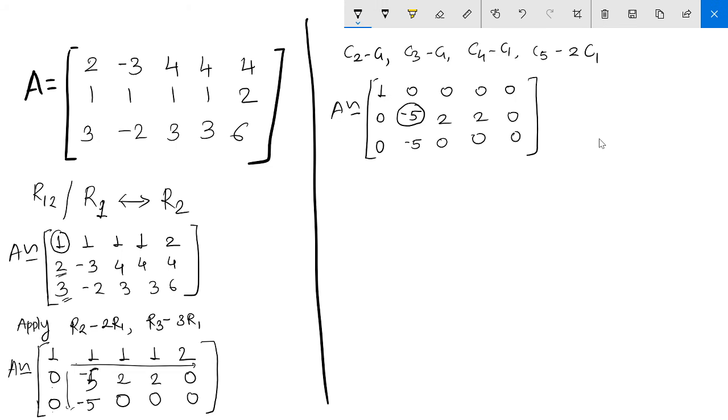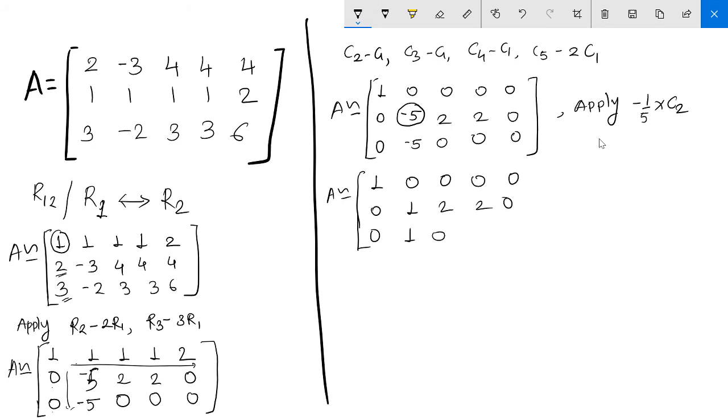To make this one, we will apply -1/5 times C2, the second column. So my A is 1 0 0 0 0, then 0, then 1 2 2 0 0 0 0. Now after this, I will make this 0.